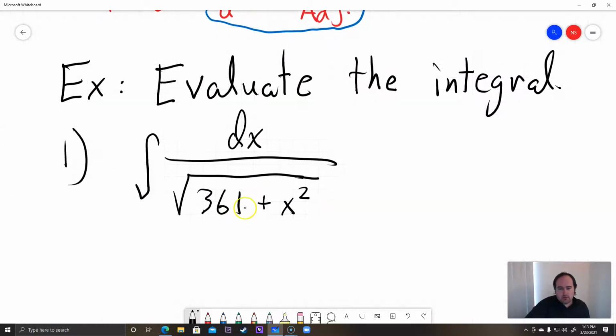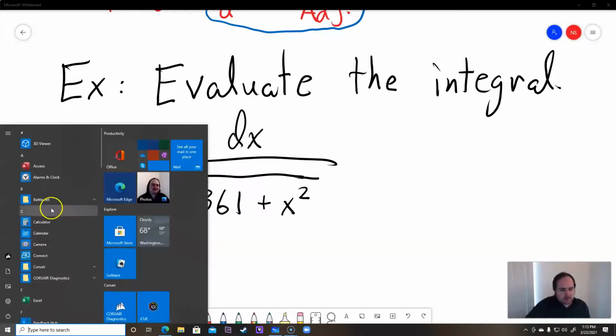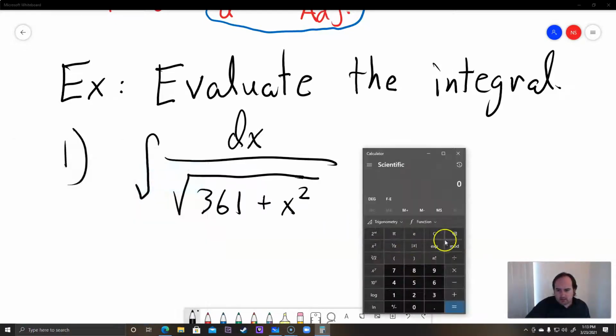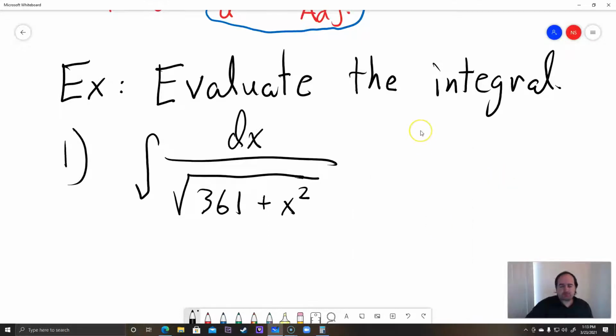Okay, so we're going to need to find the square root of 361. Probably the best way to do that, since it's not in your times tables, is to use a calculator. So what is the square root of 361? Let's see if it's an actual number. It's 19. I wouldn't have known that. So the square root of 361 is 19, which means that 19 squared is 361.